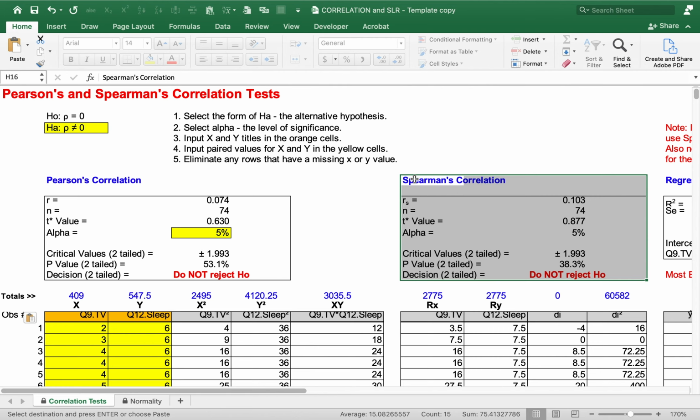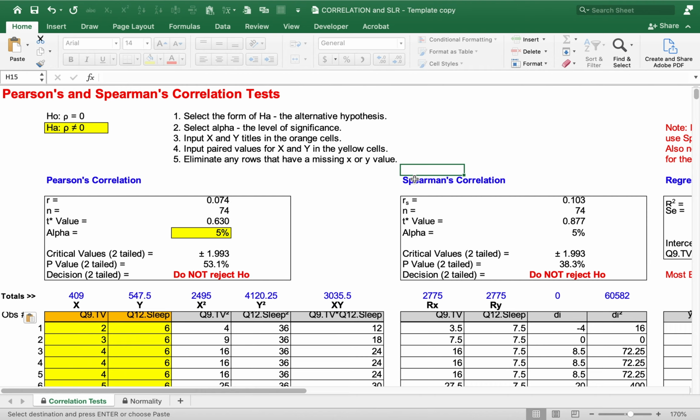I thought maybe that people who really rated them high might actually get less sleep because they're spending more time watching TV, but this seems to indicate that there's very little relationship here. No significant relationship. It's got a very low r value of 0.0103. So I would copy and paste that over, and that's how you use this particular template to do correlations.